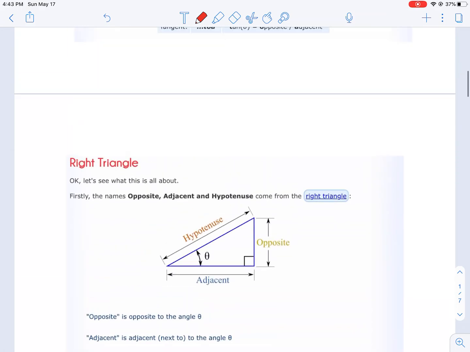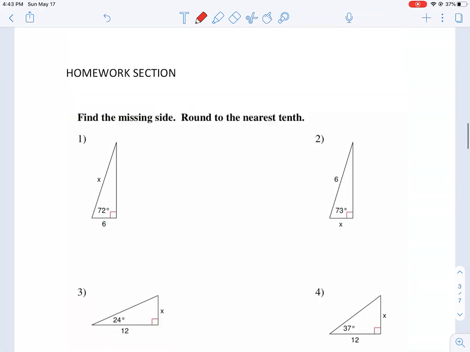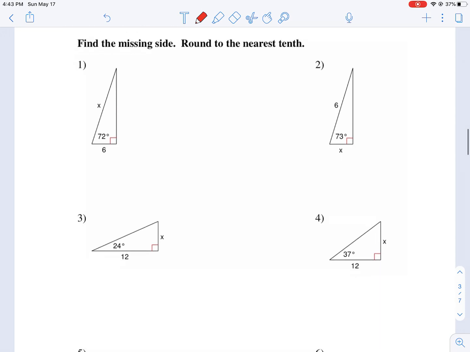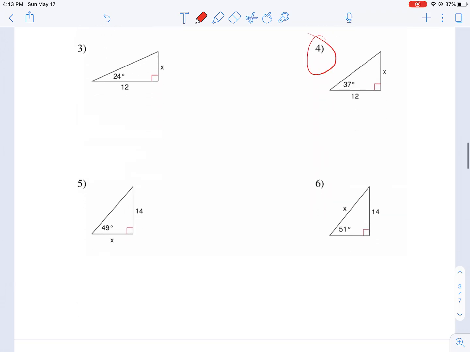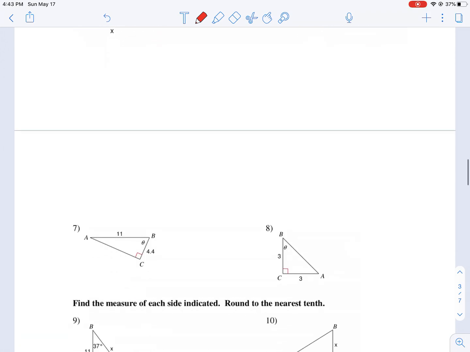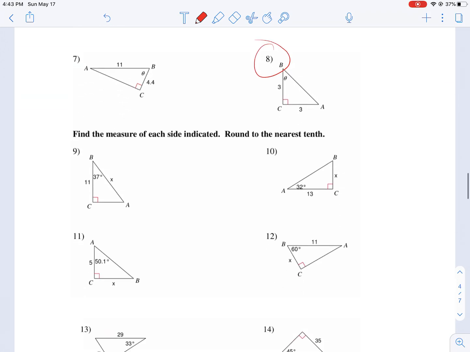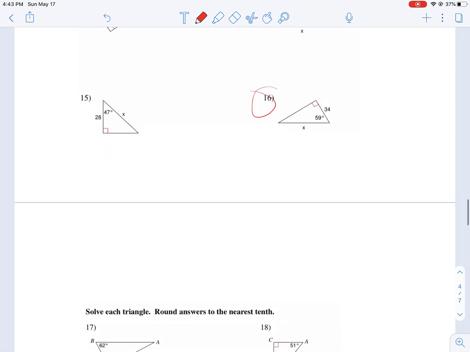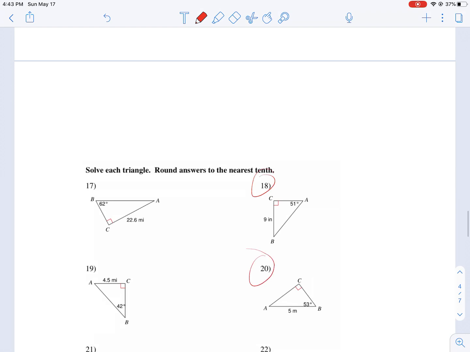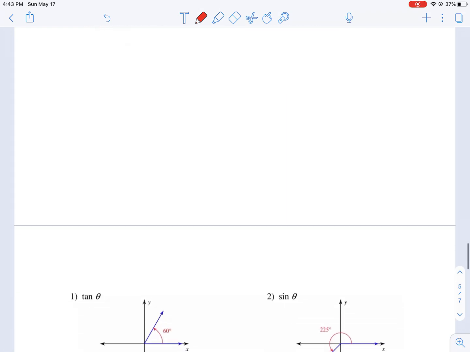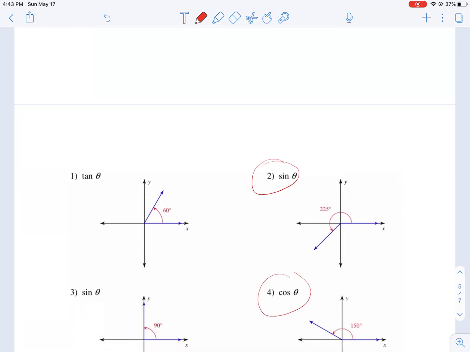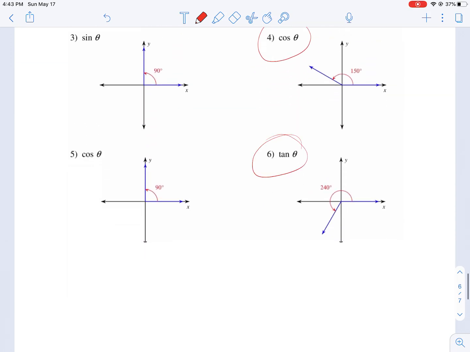So, we're going to go right into the homework section, and I'm going to do all of the even ones. Your homework is going to be to do all of the odd ones.